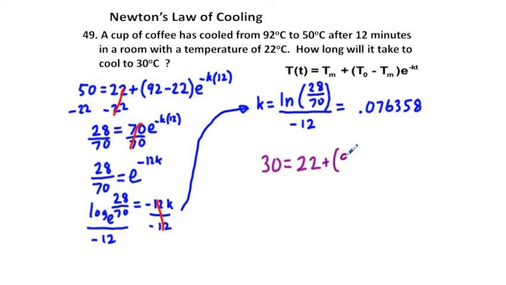We had 92 minus 22 degrees Celsius, and we have e to the negative k, well, that's going to be 0.076358, and that's going to be T, which we do not know.